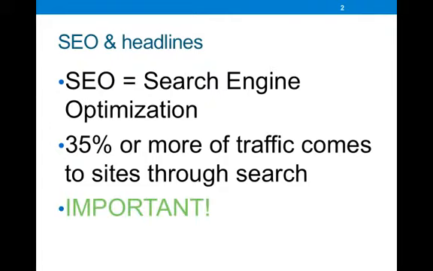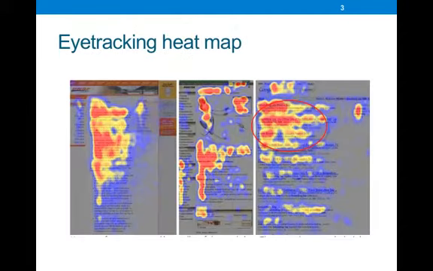It is important. It is really, for some websites, kind of make or break. So as a journalist, you need to be aware of how SEO plays into the success of your stories.